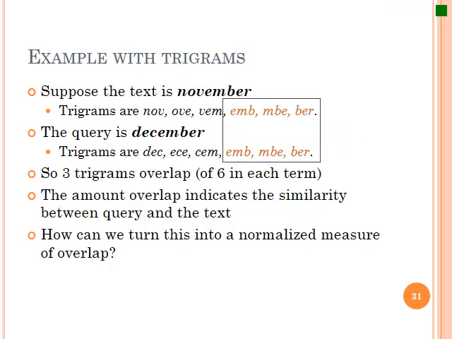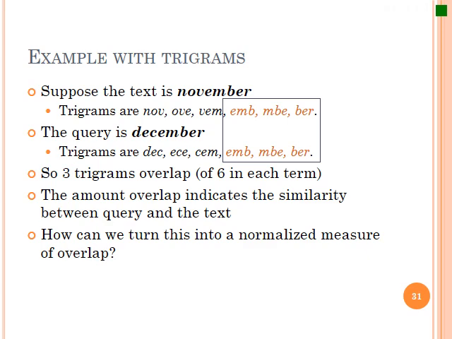Here is an example. Suppose in the text you have the word November, and this November will be indexed under all these trigrams. That is, you break it up into many different trigrams like NOV, OVE, VEM, and so on and so forth. Basically November will be indexed under all these different trigram entries.